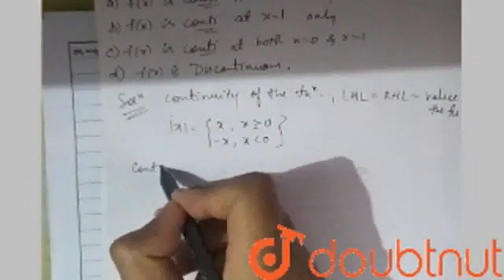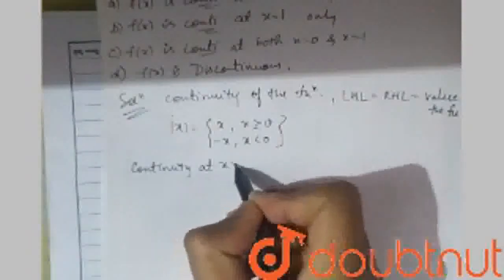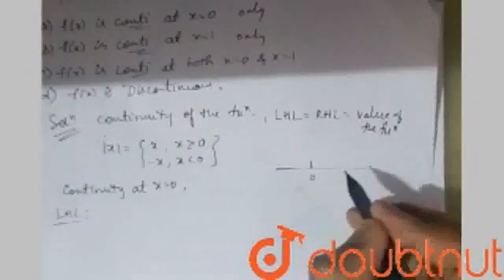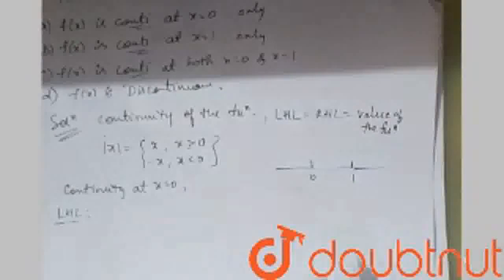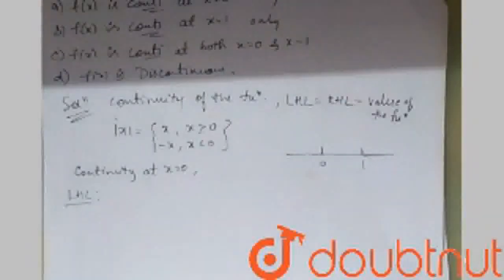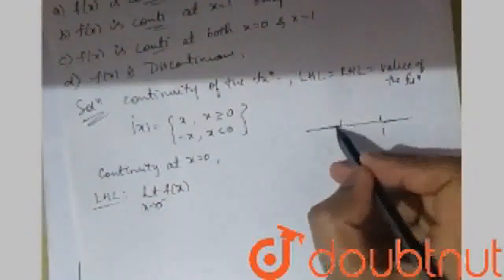Now we will see continuity at x equals 0. What is LHL? On the number line, this is 0 and this is 1. LHL is the limit of f of x as x tends to 0 minus, the left hand side of the point 0.